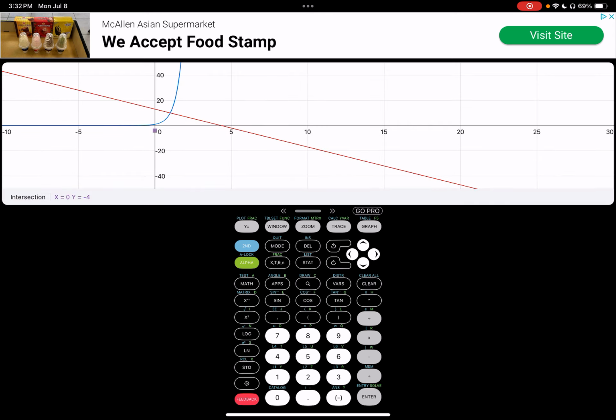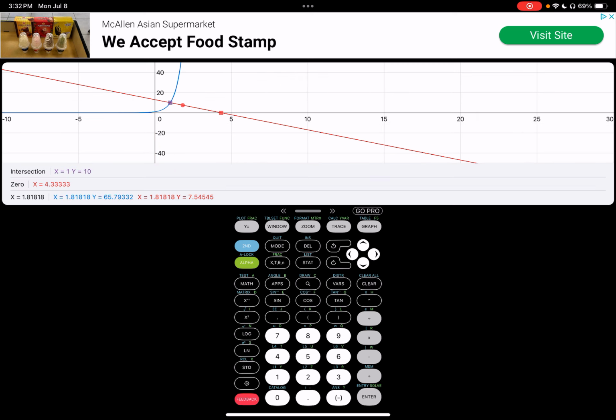Okay, so we see that. I want to find my intersection point. Second, calculate, intersect. My left bound here, my right bound is going to be there. So that intersection is at x equals 1.